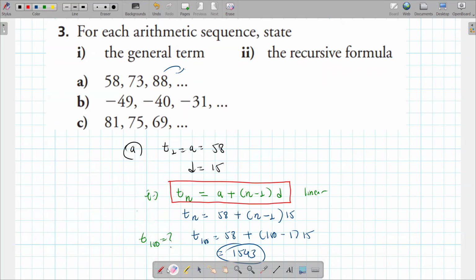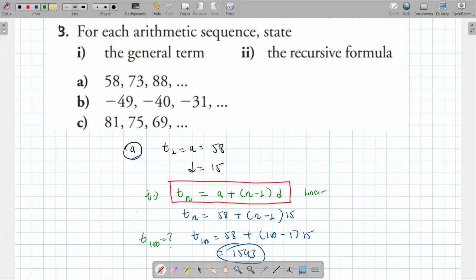Part 2 there says the recursive formula. Now you can't really write everything as a general term formula. For it to have a general term, it needs to have a common difference. There needs to be a pattern. But if there is no pattern, how would you write it? Well, the fact is that you can't. You can't come up with a general formula if there is no pattern.